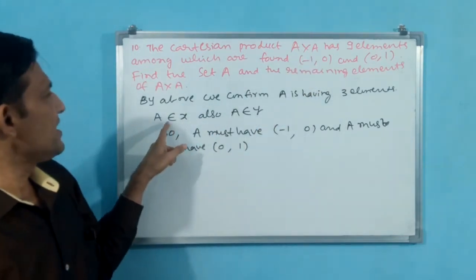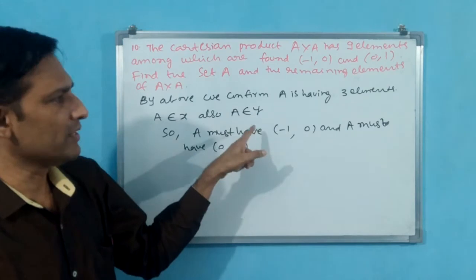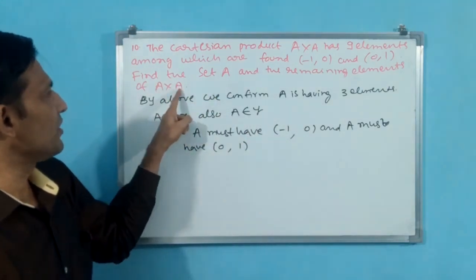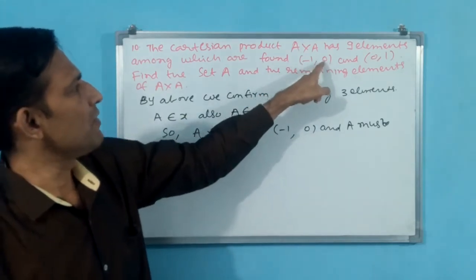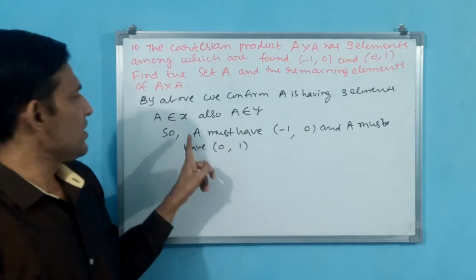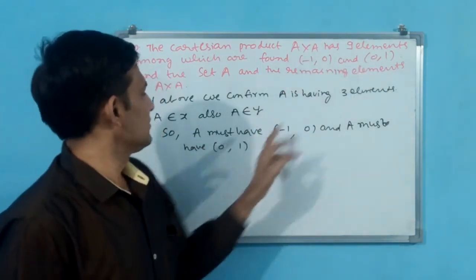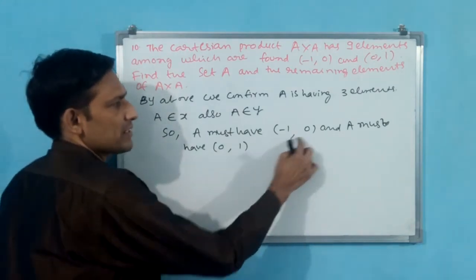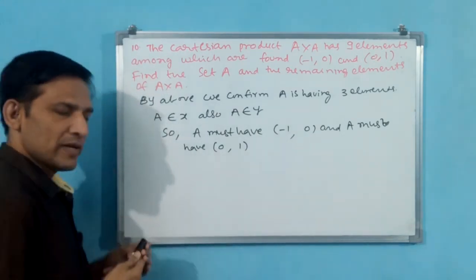For X, A belongs to X, A belongs to Y. Why? Because when we do A cross A, A belongs to X and A belongs to Y, X, Y Cartesian. Okay? See, A must have -1, 0. A must have 0, 1. For X's sake, -1, 0. For Y's sake, 0, 1.